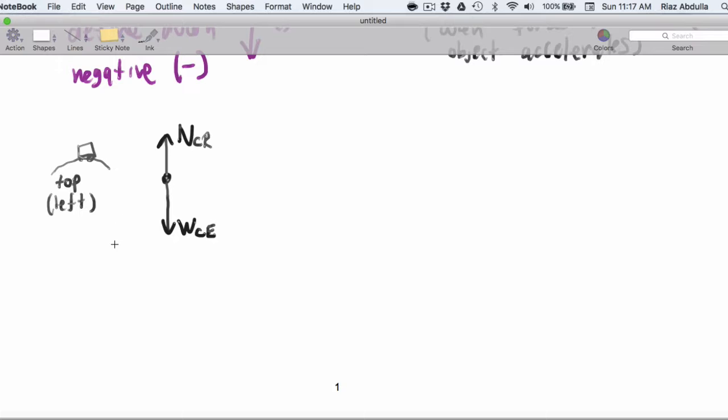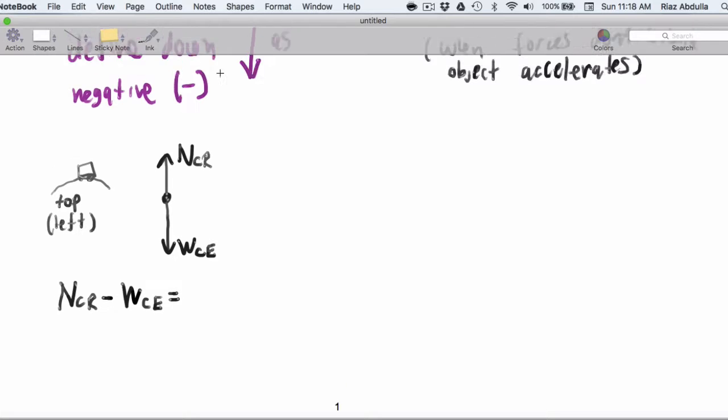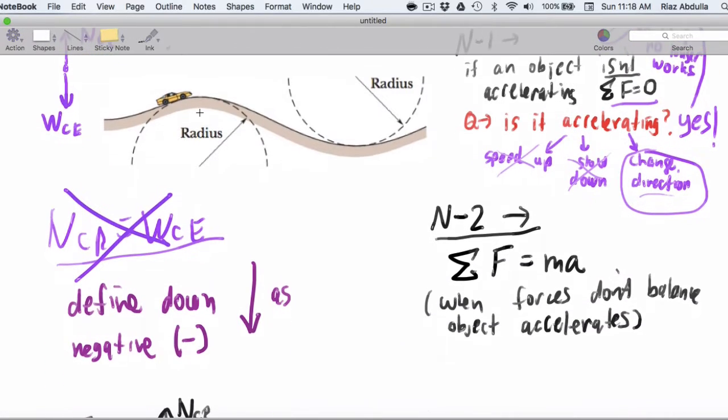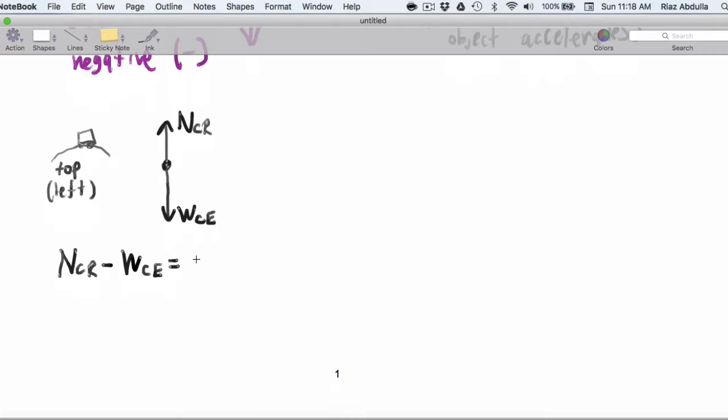Now, when I use Newton's second law, what I'm forced to conclude is I have the normal force pointing up and the weight pointing down. And with circular motion, the acceleration points towards the center of the circle. So we are forced to conclude that since it is changing direction, there is an acceleration that we call circular acceleration.